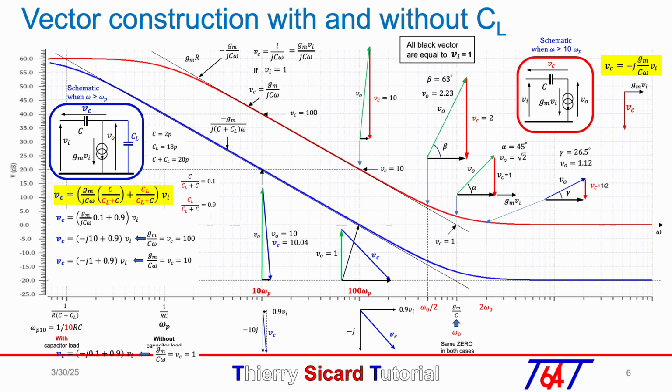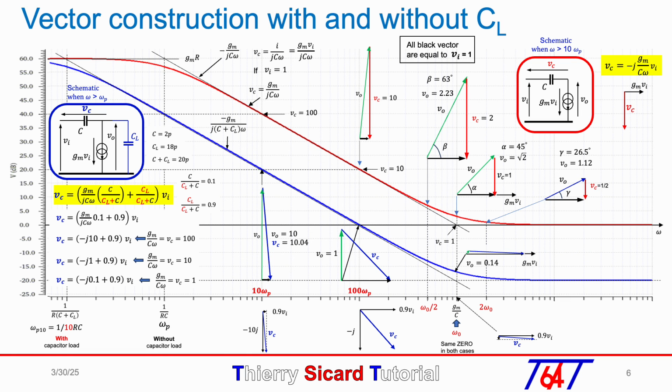We will now calculate for omega 0, where Vc equals 1, by first evaluating the magnitude and phase of the vector Vc with respect to Vin, performing the vector sum of 0.9 Vin on the horizontal real axis and the vector minus 0.1j on the negative vertical imaginary axis to obtain Vc with a phase close to 0 degrees.